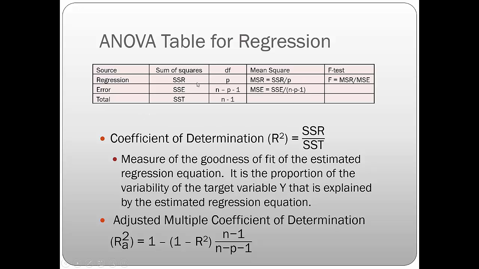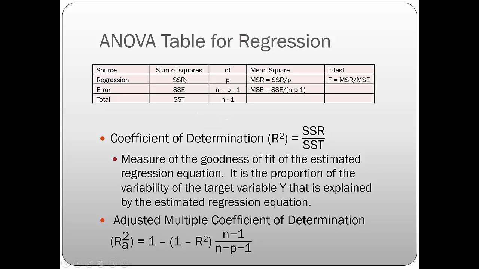Now if you take the sum of squares SSR and divide by SST, what you get is called the coefficient of determination, R squared. The R squared value is between 0 and 1. 0 will be the case if SSR is 0, then you get 0 over SST, so the regression model is completely bad.